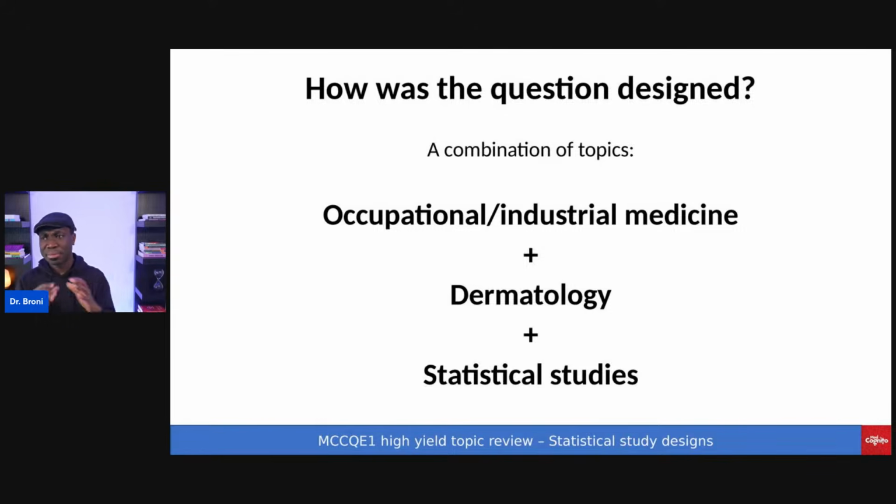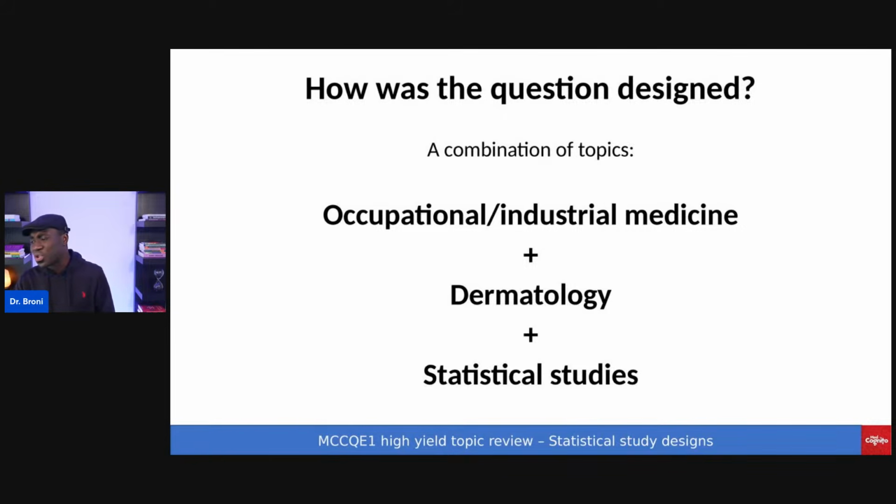You realize that in the MCC, it's very obvious the Medical Council combines a couple of things. So this particular question we just did was a combination of occupational and industrial medicine plus dermatology plus statistical studies. And that is what gave us where we are right now.